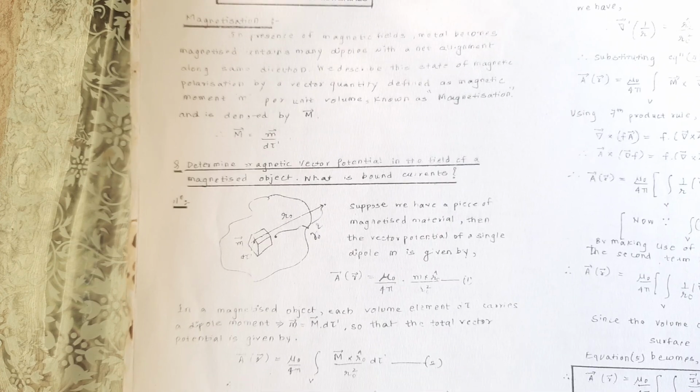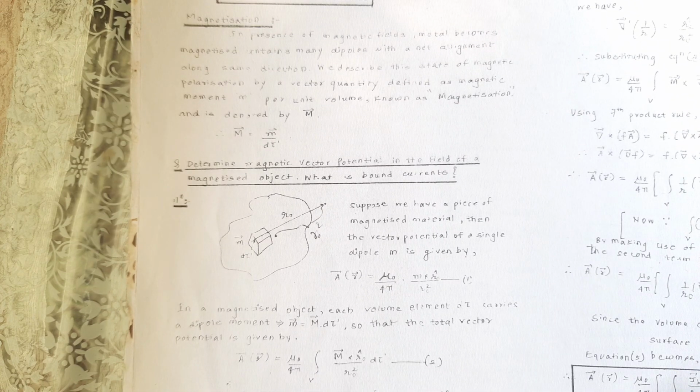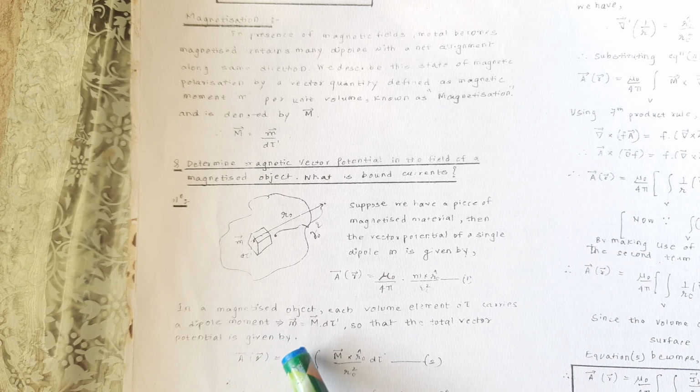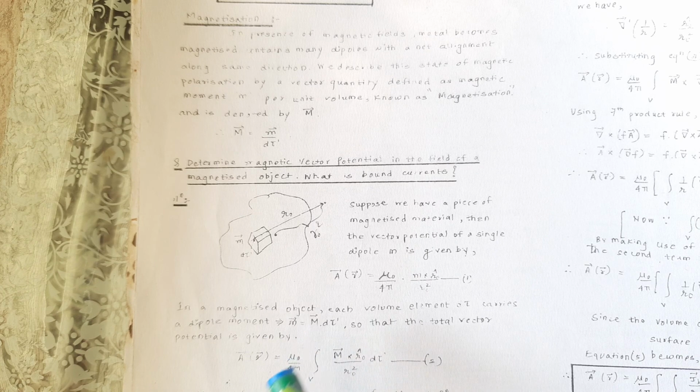In a magnetized object, each volume element d tau dash carries a dipole moment.